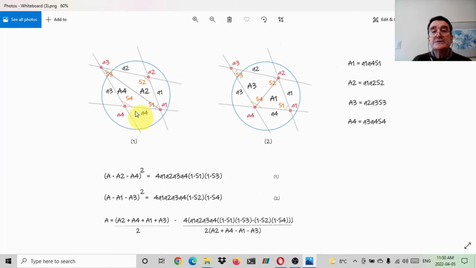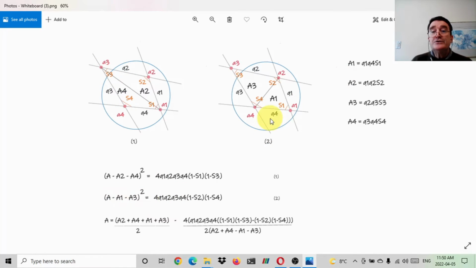That corresponds to this figure here. So we have A2 and A4 appearing on the left-hand side. And you notice on the right-hand side, S1 and S3 are the spreads where the chord divides the quadrangle into two triangles.